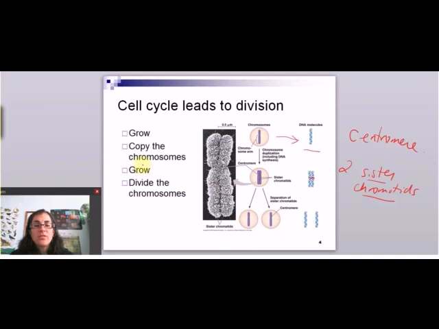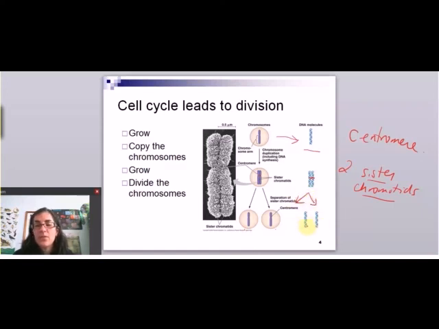So then the cell will grow some more after it's copied its chromosomes, and then eventually, in many cells anyway, it's going to divide the chromosomes. So these 2 sister chromatids that are together will separate, and now I have 2 separate chromosomes in 2 separate cells. And then here we see the connected 2 double helices.